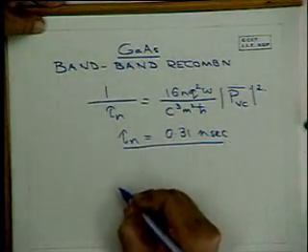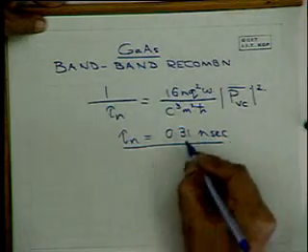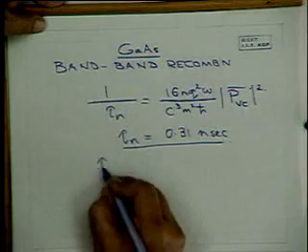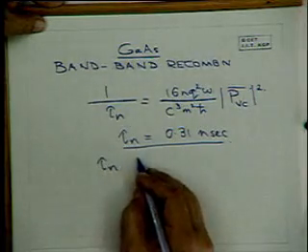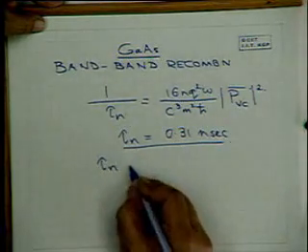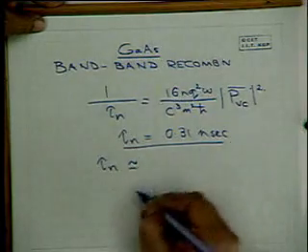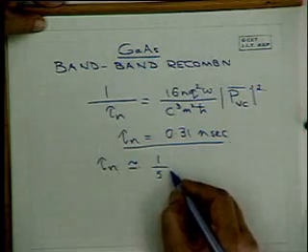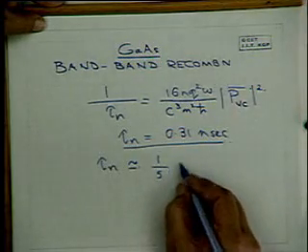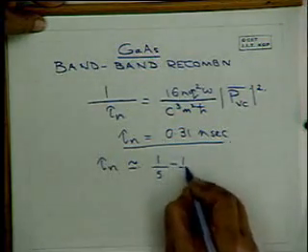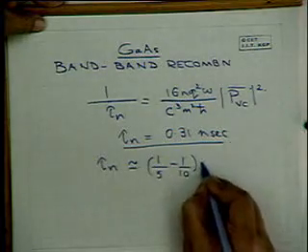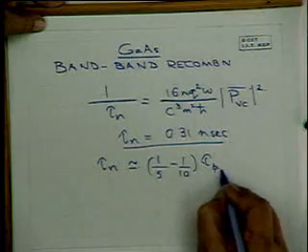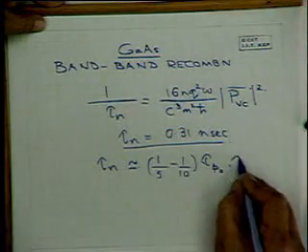So you see that this tau n for band to band is of the order of say 1/5 to about 1/10 that of tau P0 or tau N0.